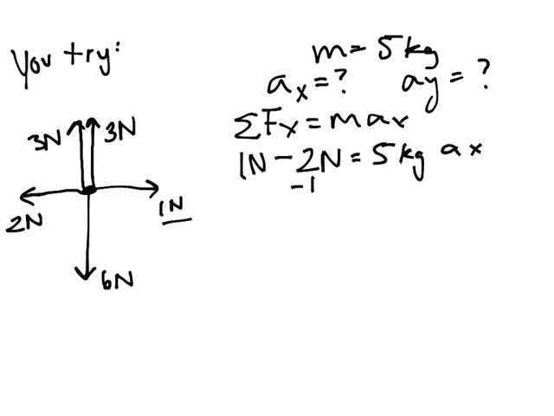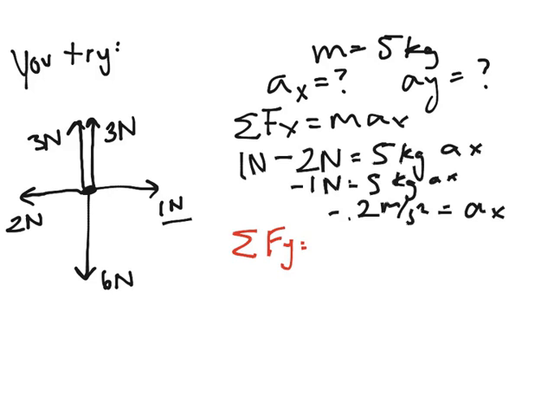Subtract, you get -1 N is equal to 5 kilograms times ax. Divide by 5 on both sides, and you'll get -0.2 meters per second squared is equal to acceleration in the x direction.